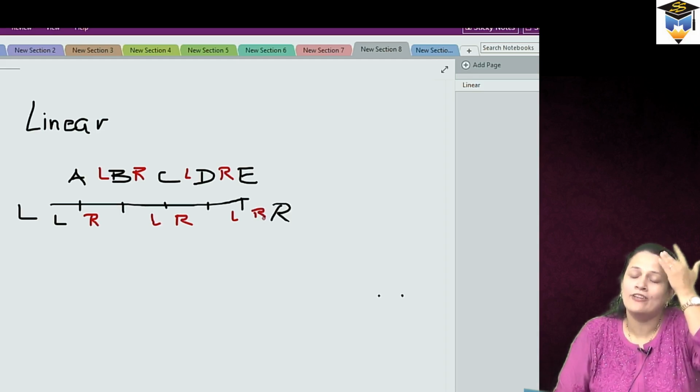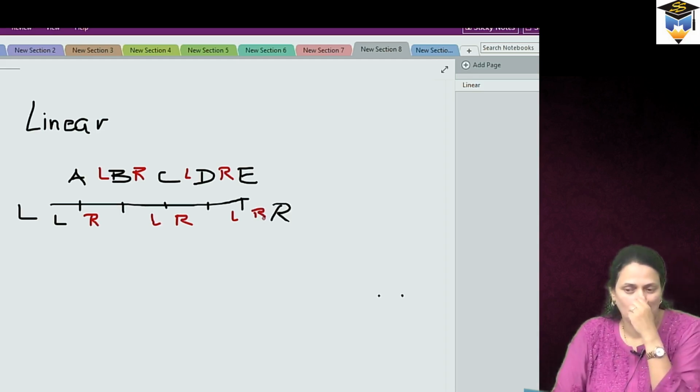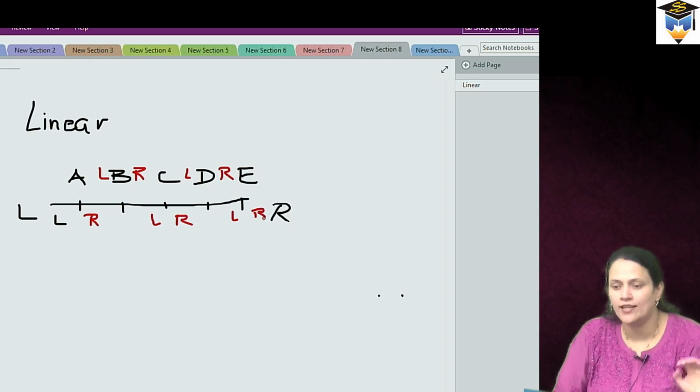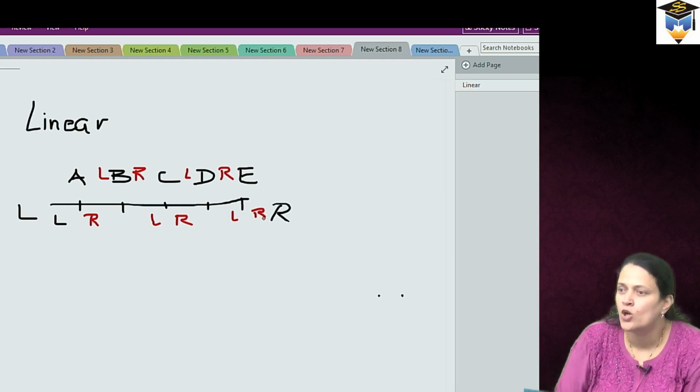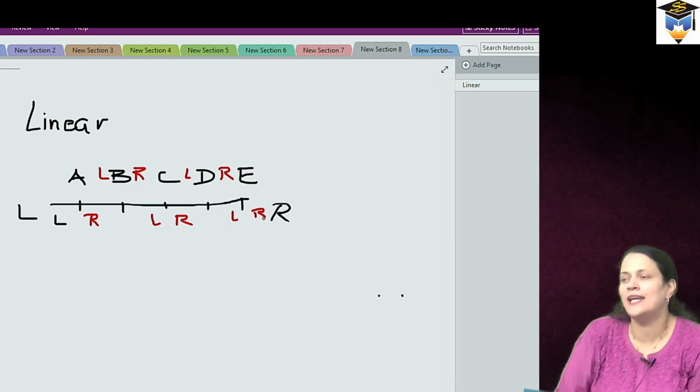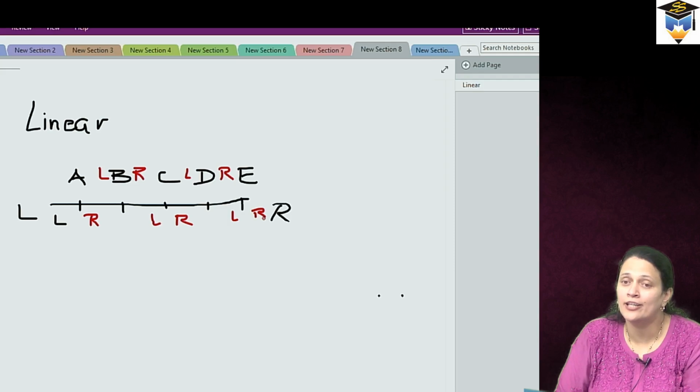Okay. Now when I am saying that who is sitting to the immediate left of B? A is sitting to the immediate left of B. Who is sitting in between B and D? C. And who is sitting to the immediate right of C?